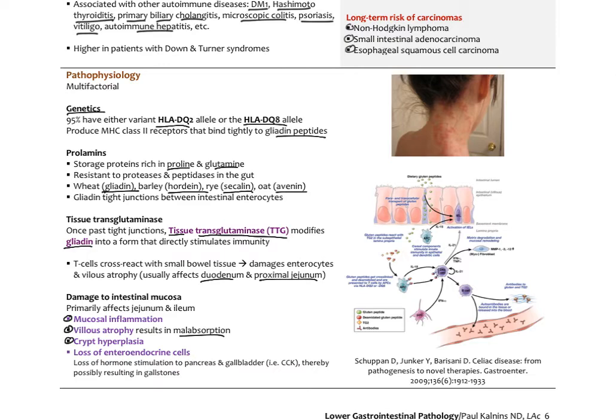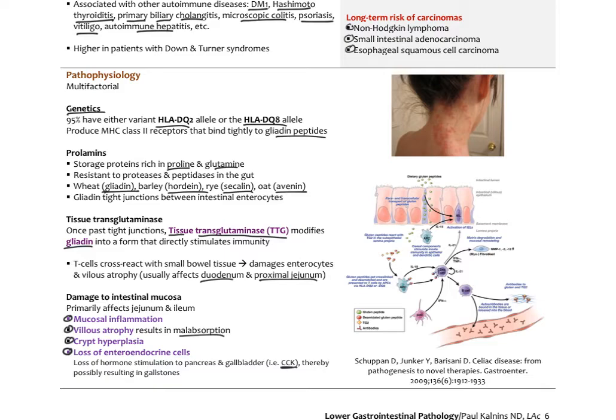Crypt hyperplasia: the crypts, those deep areas with all the mucus glands, hyperproliferate. And so you start getting more mucus lining the intestines, and you get a loss of those enteroendocrine cells. That results in loss of hormone stimulation like cholecystokinin to the pancreas and the gallbladder, and that might predispose a person to gallstones.